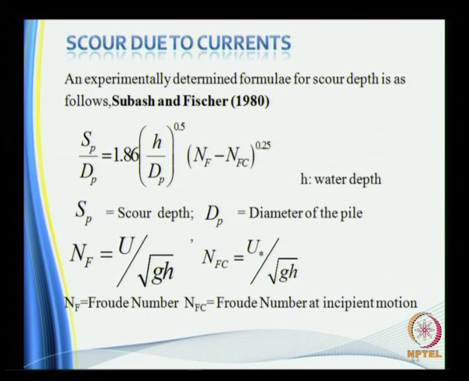Now, this is given as a function of relative water depth H by dP and the Froude number, and the Froude number at the incipient motion, which is governed by the undisturbed velocity for which you calculate your Froude number, and the other one is based on the flow field at the incipient motion.